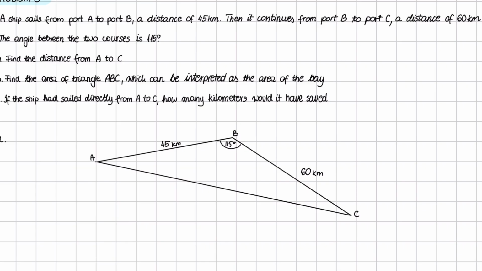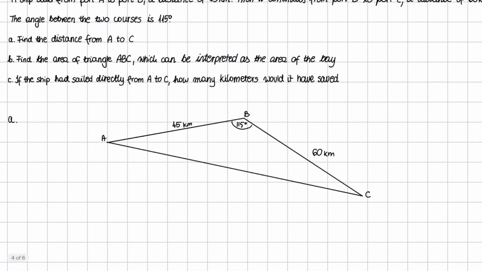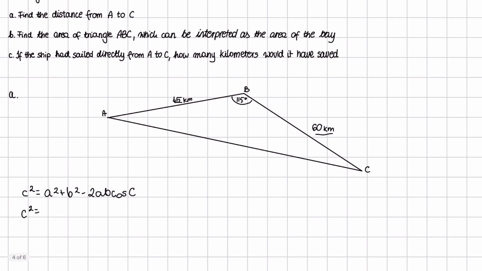Here we can use our cosine rule because we have two sides and the angle between them. This is the formula, and now we have to substitute our values. It doesn't matter which value we take first.